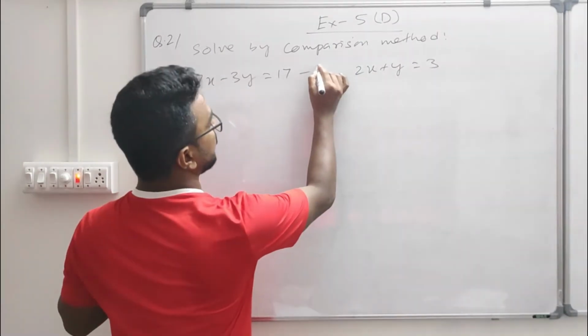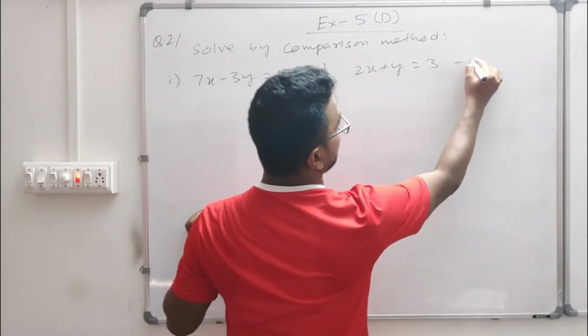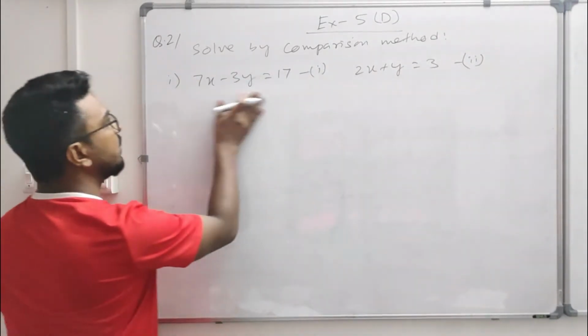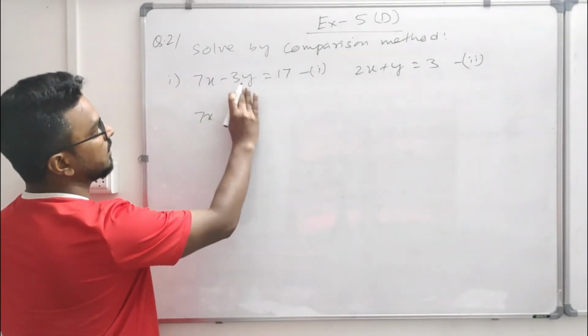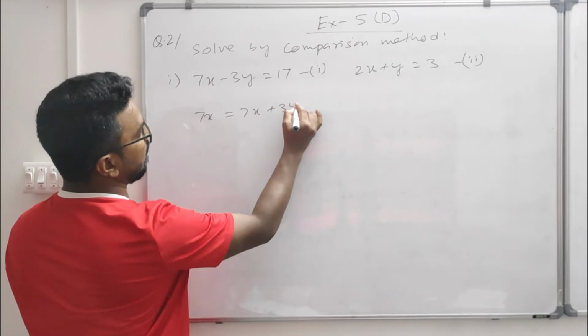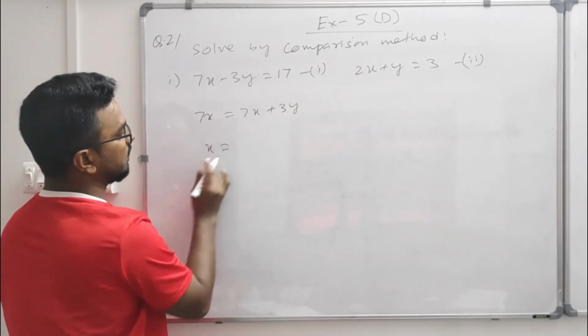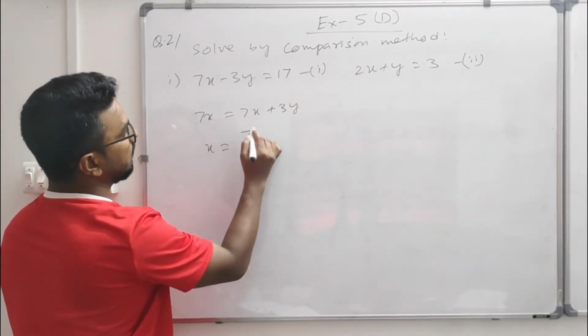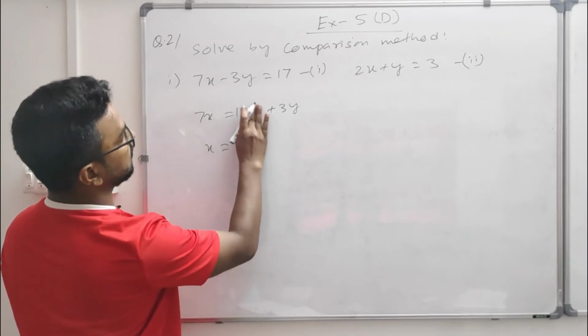Let's take this one as equation number 1 and this one as equation number 2. So this one you can write as 7x, take this to the right hand side, 7x equals 17 plus 3y. Now what is the value of x? Take this to the other side, sorry, this is 17, right?